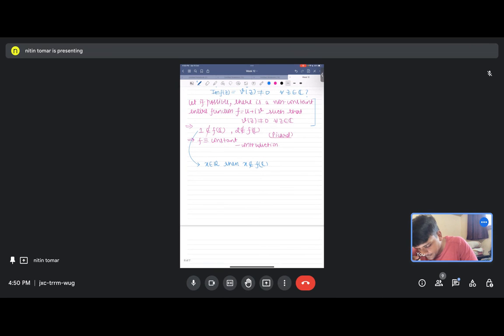Because if x belongs to f of c, what does it mean? That there exists some z naught in c such that f of z is x. But this will imply v of z is 0. And this is a contradiction.